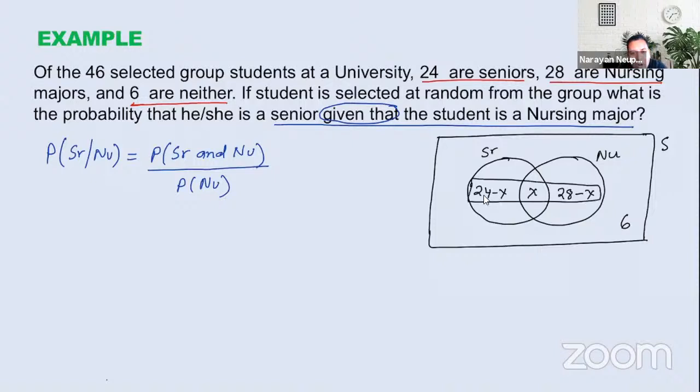So if I add all these students, it will be 40 because 6 are already here. So if I add this 24 minus X and then X and then 28 minus X, that will be 40. This equation will help you to find the students in the middle, the common students, senior and nursing.